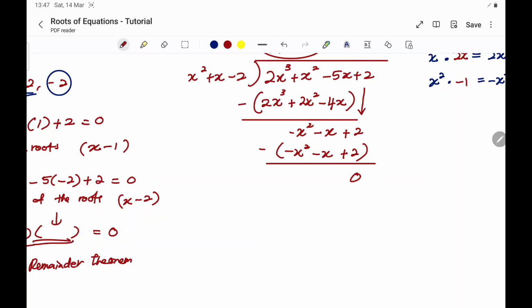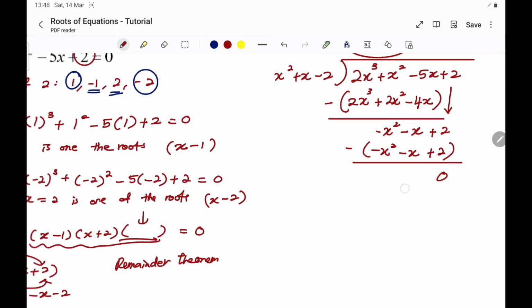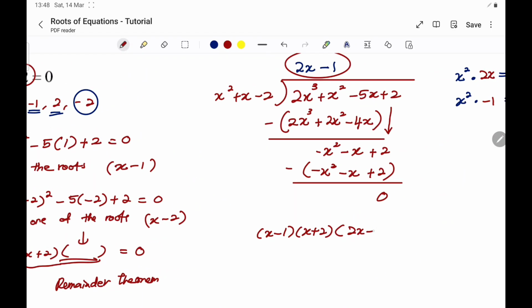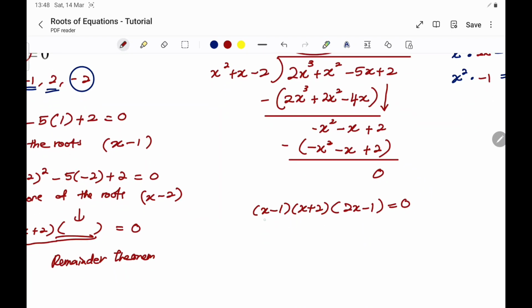So here you can rewrite it as x minus 1, x plus 2, and another one is 2x minus 1, equal to 0. We already got x minus 1 equal to 0, so x is equal to 1. Another one, x plus 2 equal to 0, so x is equal to negative 2.